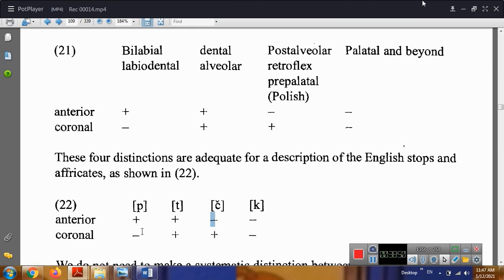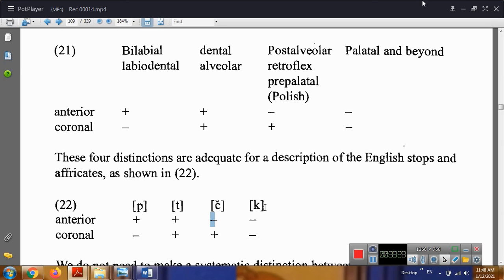About coronal, P is produced by the two lips and it is bilabial. We don't have any involvement of the tongue, and we consider it minus coronal. T is plus coronal because the blade and the tip of the tongue are both involved in producing T, and Ch is produced by the blade of the tongue in structure with the post-alveolar part of the vocal tract, which we consider coronal.